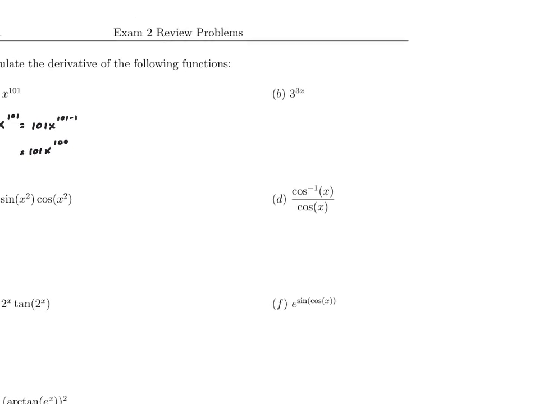what we see is, this is of course an application of the chain rule. So let me rewrite this so you can see this in colors. That's just going to be 3, and the exponent is 3x.